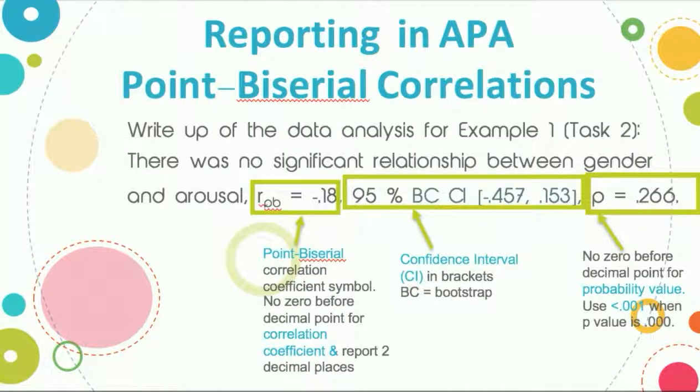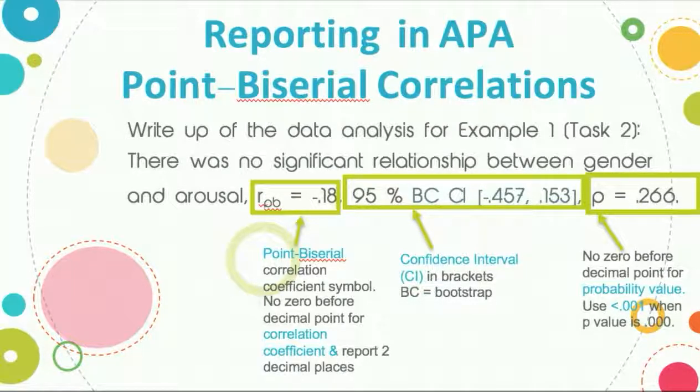So let's take a look at how that's slightly different. We can use the same verbiage as there was no significant relationship between gender and arousal. We'll do r with the little pb for point-biserial equals negative .18. Then we'll have the confidence interval. You actually put the confidence interval with the upper and lower levels in the brackets, and you do your lower level first and then your upper level.